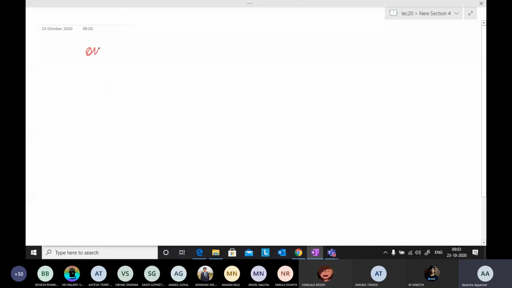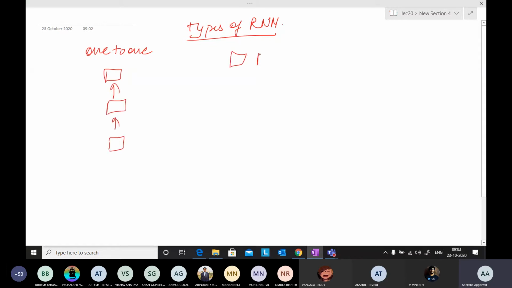So let us see some examples of types of RNN. RNN can be of multiple types. So that is one to one. What we have seen in the previous example was many to many.